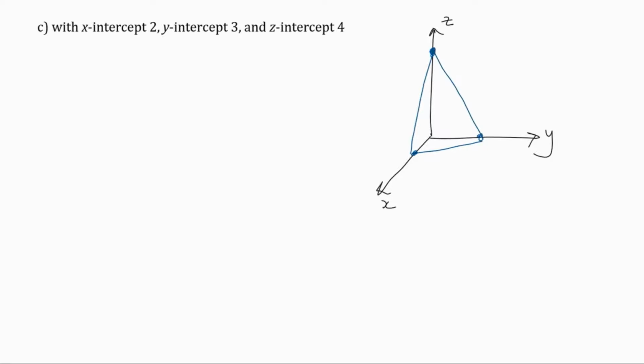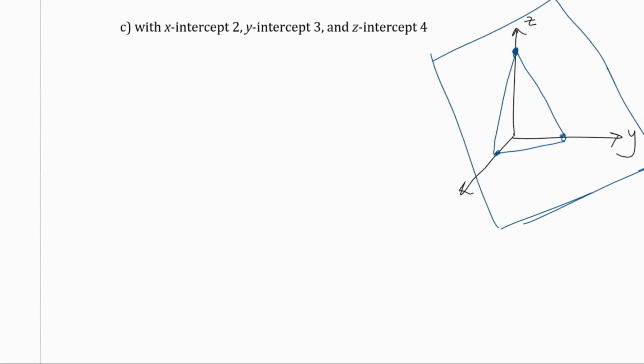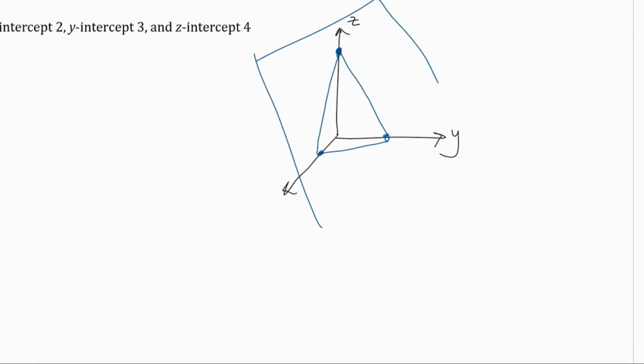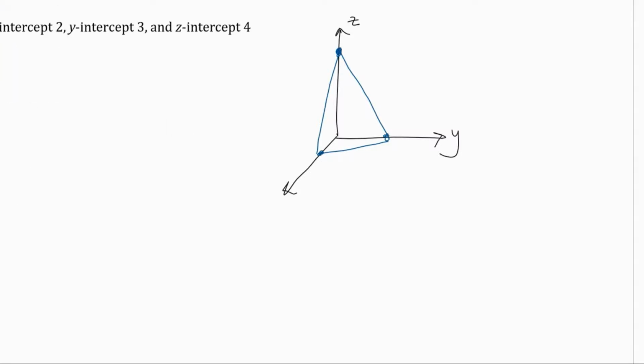Now I've just drawn a triangle, but you can imagine this plane extending out and sort of being parallel to that triangle. But I'm going to leave it as the triangle like that. We need to know the coordinates of these points.